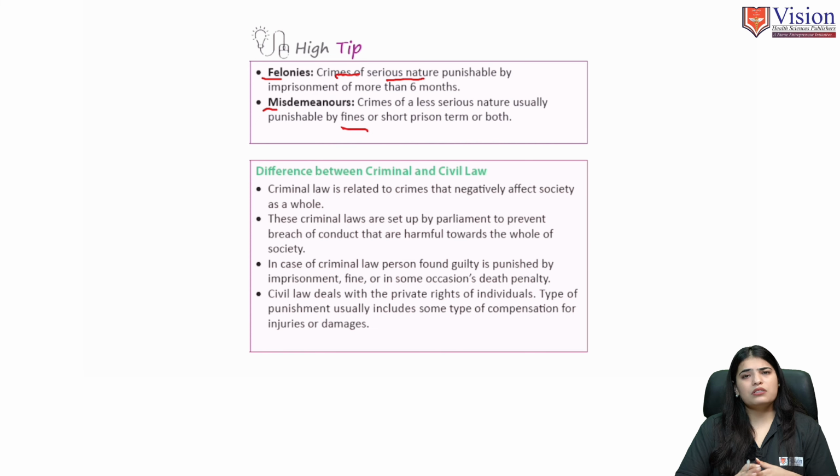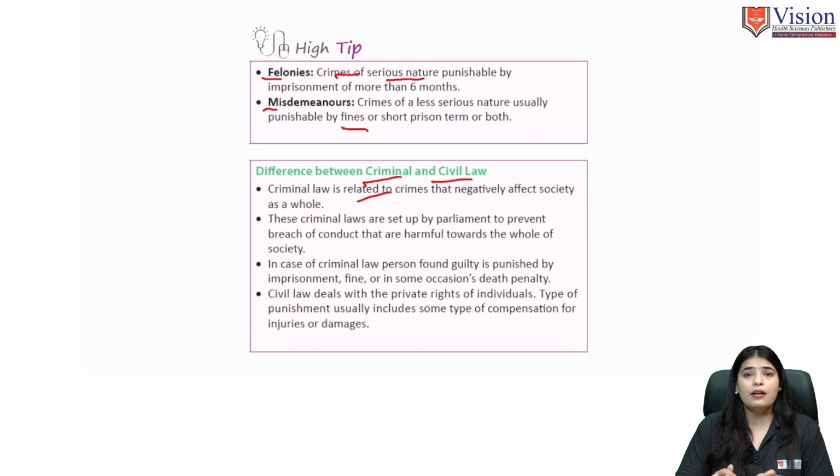So after that comes the difference between criminal and civil law. As nurses, you should know this. What is the difference between criminal and civil law? So criminal law is related to crimes that negatively affect our society as a whole. Okay, as we have talked about under the criminal laws, it comes under harming any person, assaults, any kinds of thefts, any kinds of charge such as trying to harm a patient, trying to murder a person.